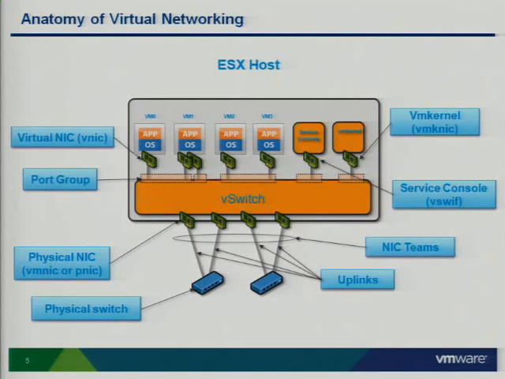Now, the key point of having virtualization is you want to run multiple apps on the same machine. On the top left side, you have 4 virtual machines running different apps, and each virtual machine is going to have one or more virtual adapters.